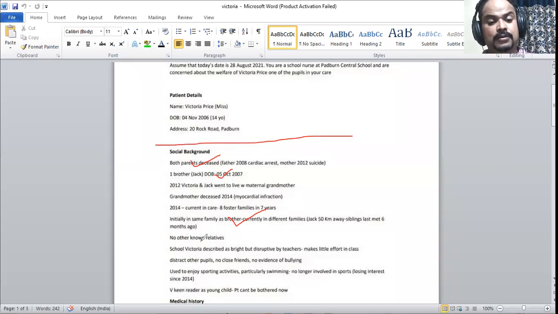She knows that this Victoria has no relatives and is supported by a social worker. But she might not know what is happening in the school.